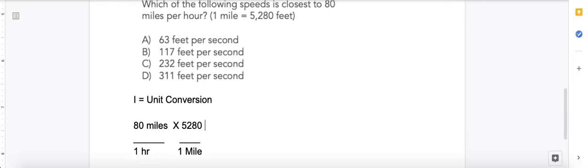Now we can add our unit conversions. What we're doing here, guys, is we're writing any units as fractions, and then we're using multiplication to cancel out those units that we don't need in our answer.